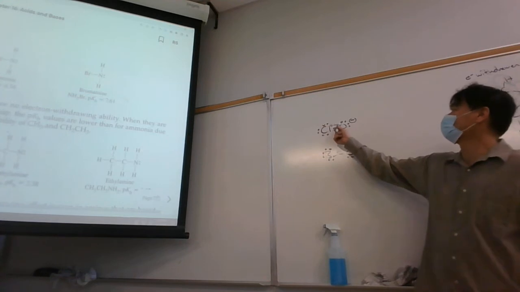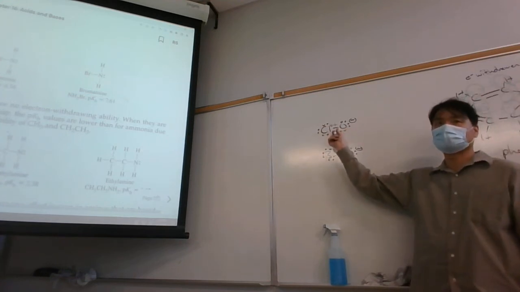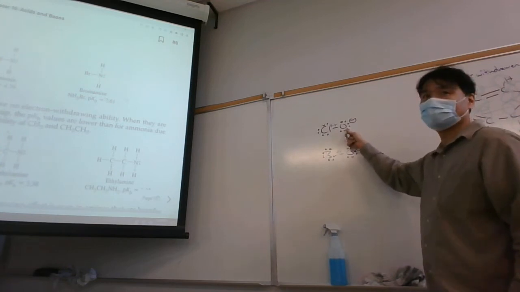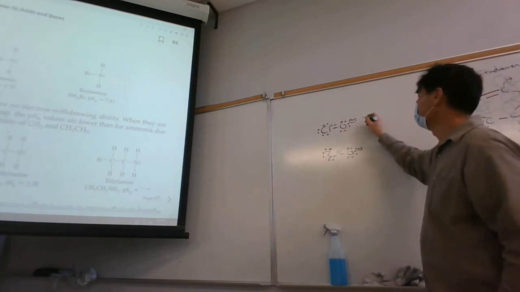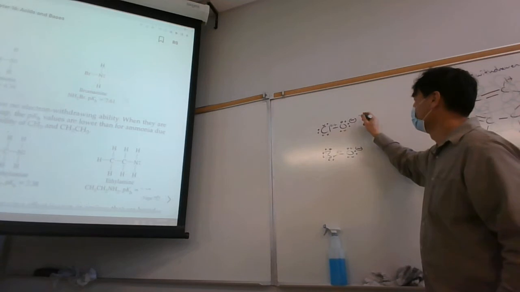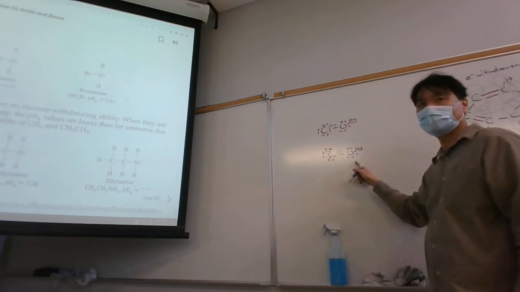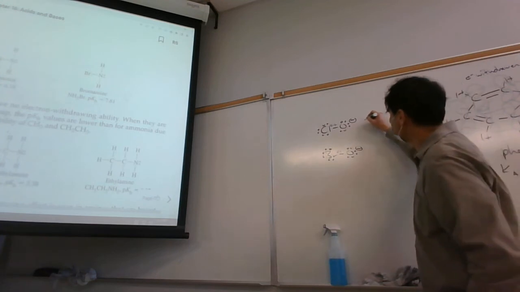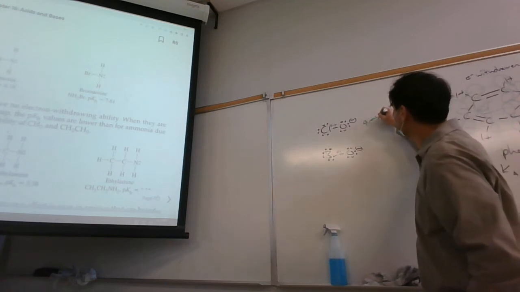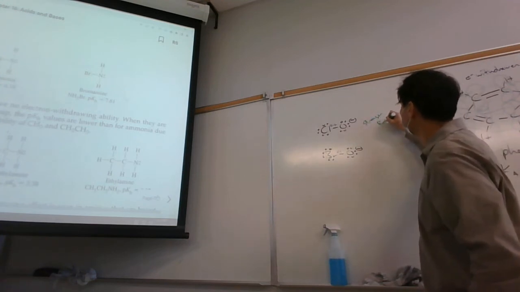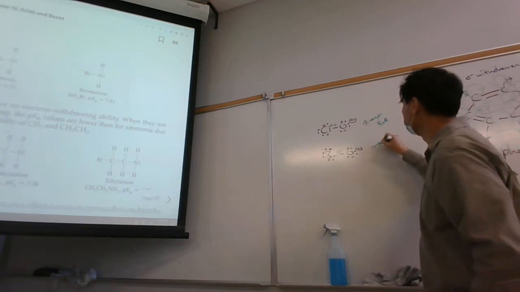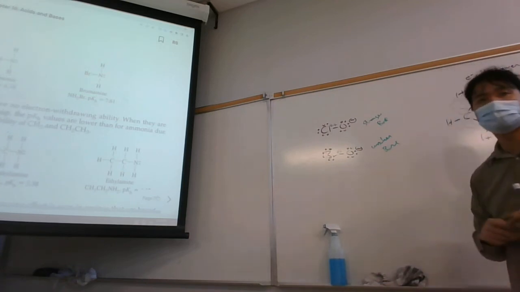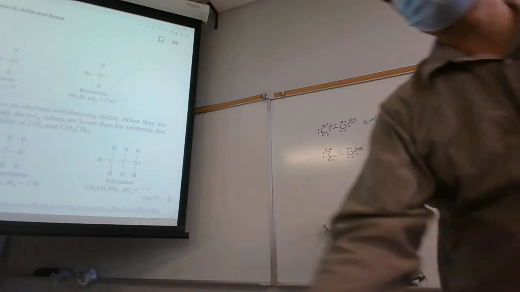Well, both are negative one formal charge, but there's a difference here. The chlorine's trying to take away the negative charge, and it's more effective. And so this one has less negative charge buildup, and this one has more negative charge. It's electron withdrawing. And so this is going to be the stronger base. This one's going to be the weaker base because of the inductive effect, chlorine versus bromine.